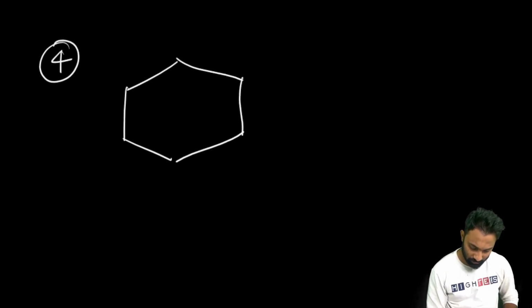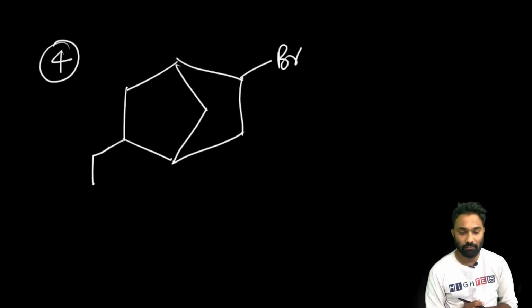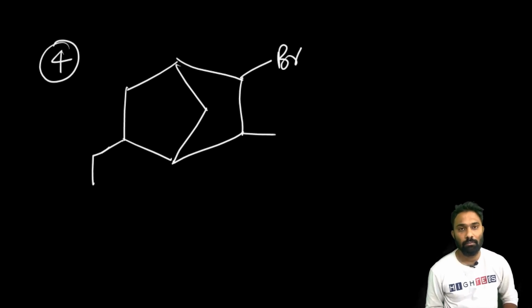Okay, now fourth one. Now next fourth one. Clear? Now here is one compound. Then this is one compound. Now try to write the IUPAC name for this one.